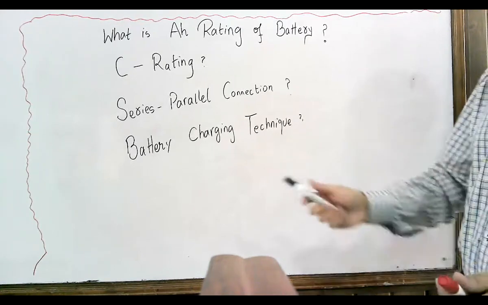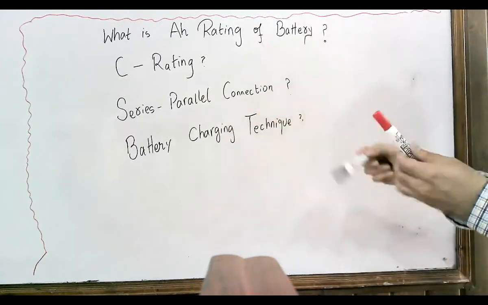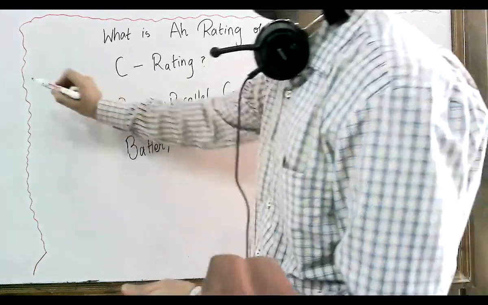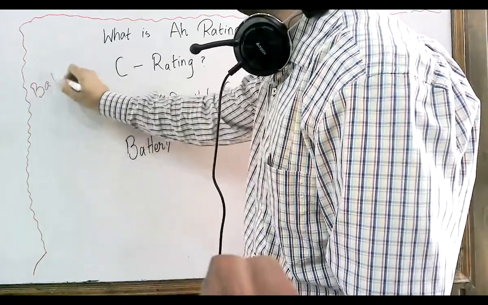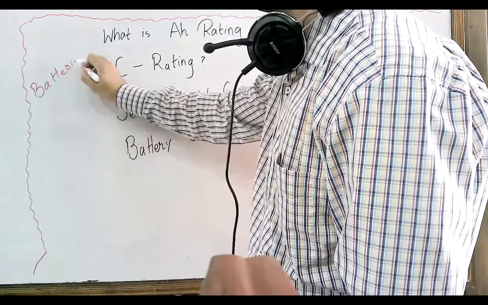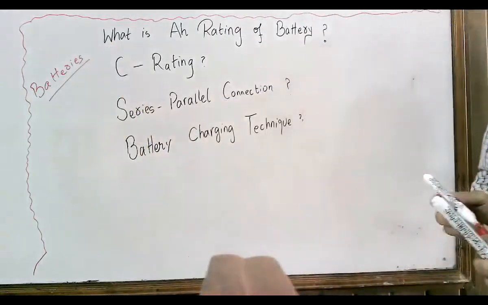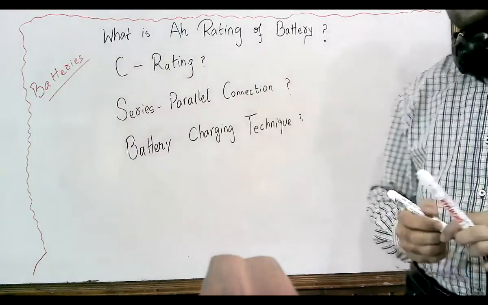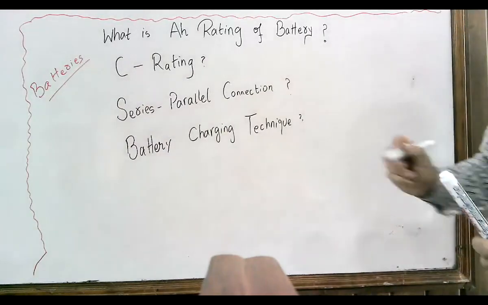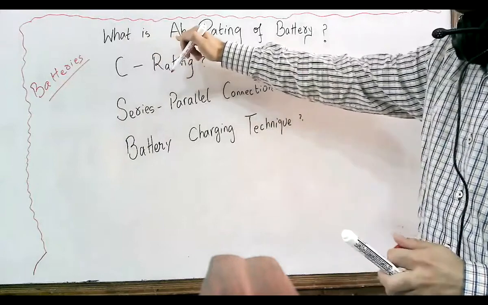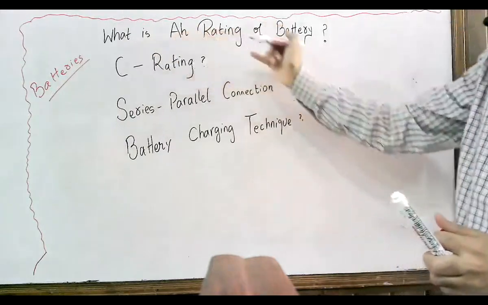Number one, today we are discussing batteries. In the previous lecture, we also discussed batteries and what maximum power point tracking is. In this lecture, we are going to discuss what is meant by the ampere-hour rating of a battery.